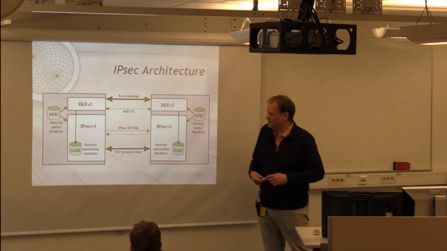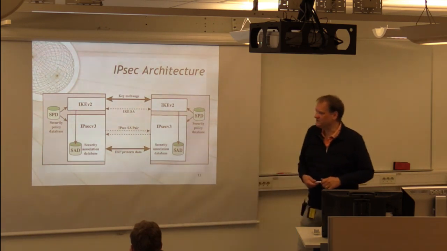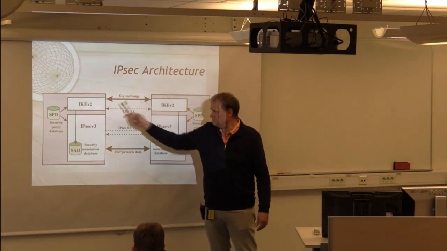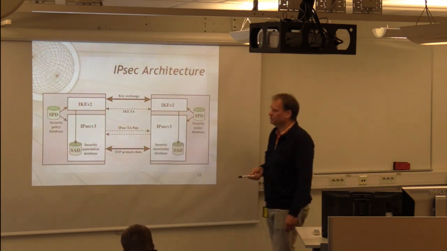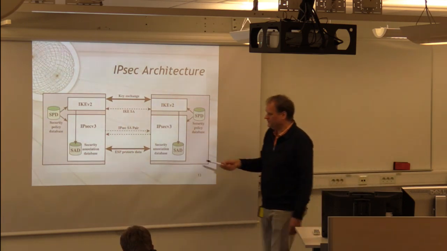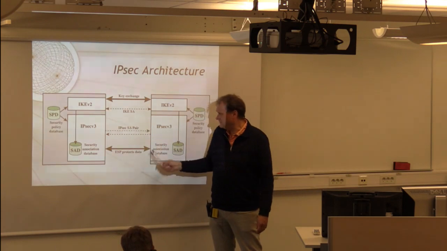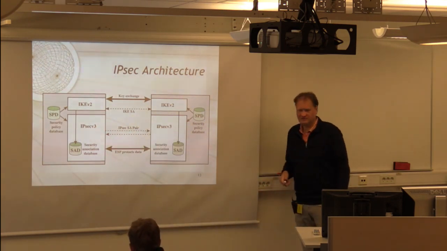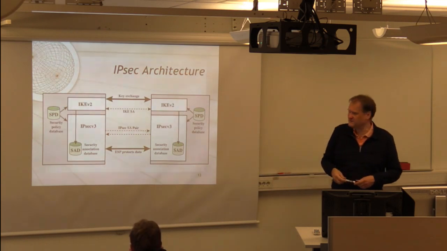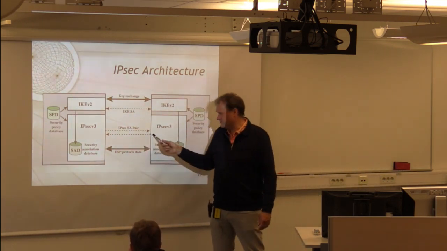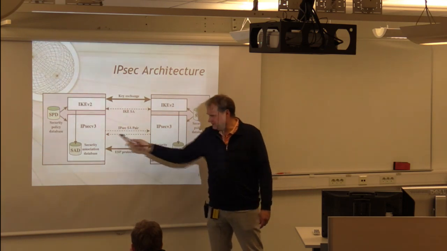We also have some other components that we see here. Obviously we have key exchange information going on between the IKE nodes here. And between IPsec nodes, we have something called a security association. Whenever we set up a security association, we always set it up in pairs, so we can send traffic in both directions.